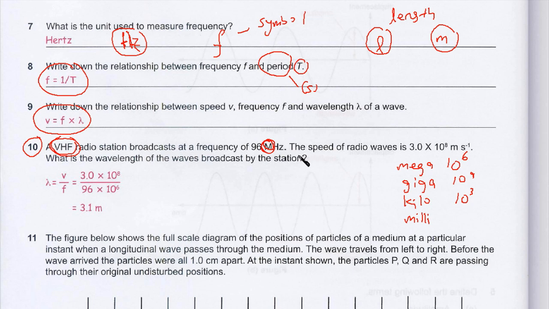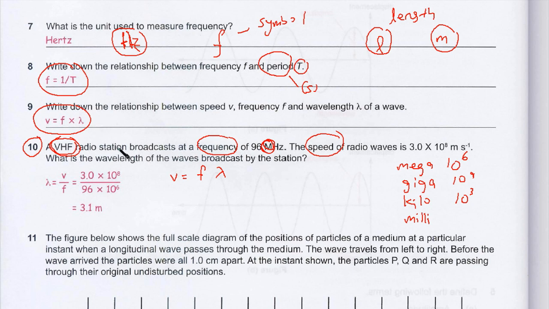Continuing the question, the speed of radio waves is 3.0 times 10 to the power 8 meters per second. What is the wavelength of the waves broadcast by the station? We'll make use of the formula V equals F times lambda. Frequency is given, speed is given.